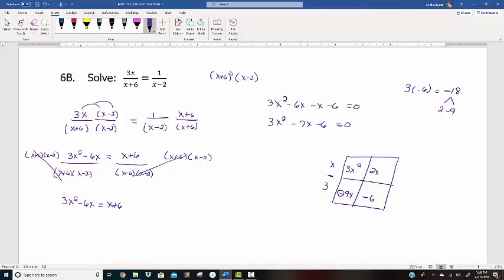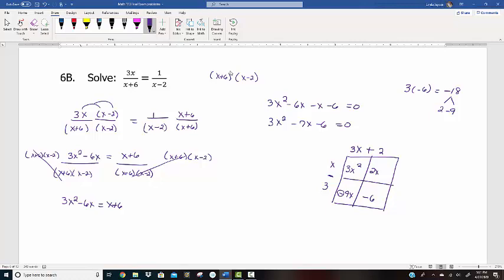Then I'm going to go up and do the columns the same way. Common number between a 9 and a 3 is a 3. It's also got an x I can take out. And then a common number between 2 and 6 is 2. The 2 is positive, so that's positive.